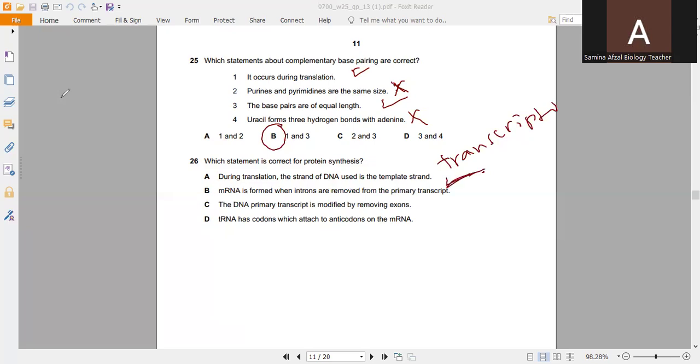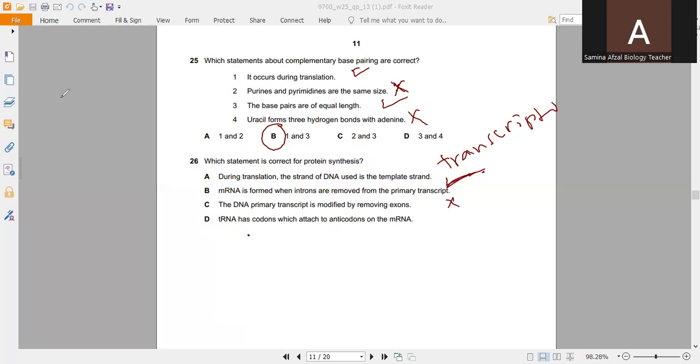The primary transcript is modified by removing exons. This is not correct because the primary RNA transcript is modified by removing introns, not the exons.